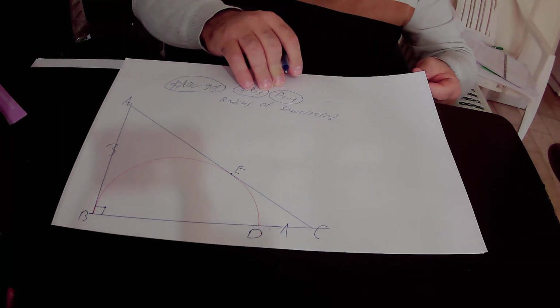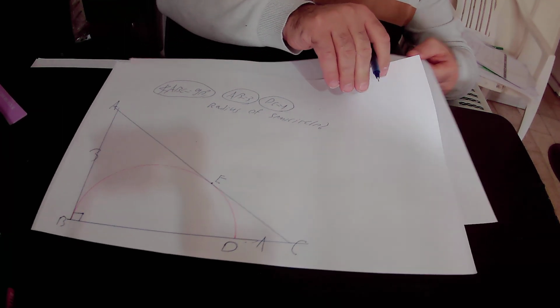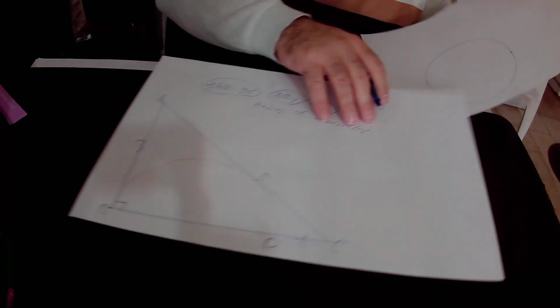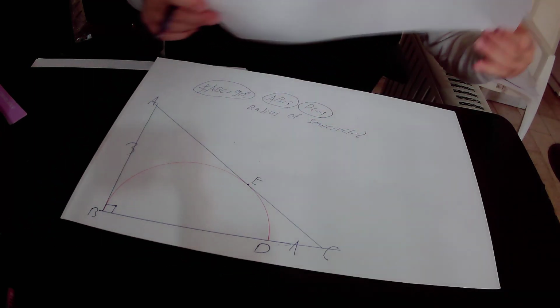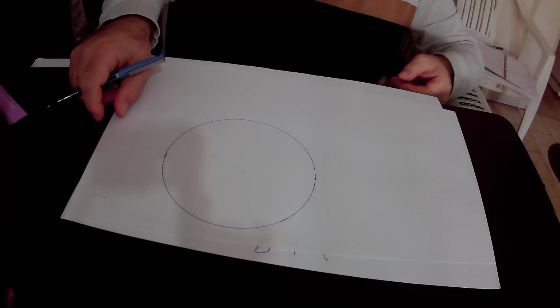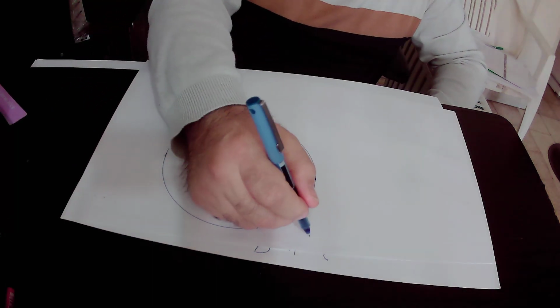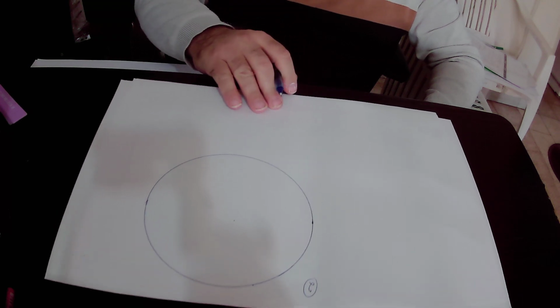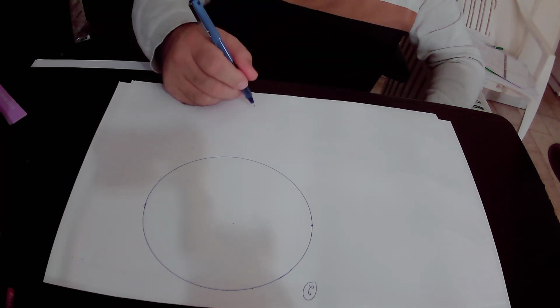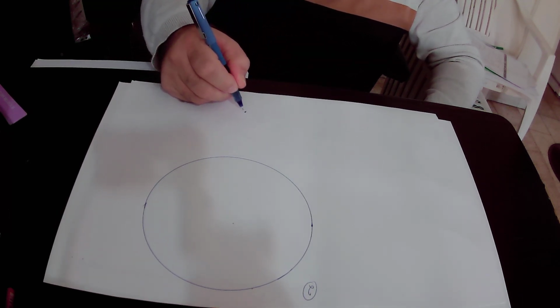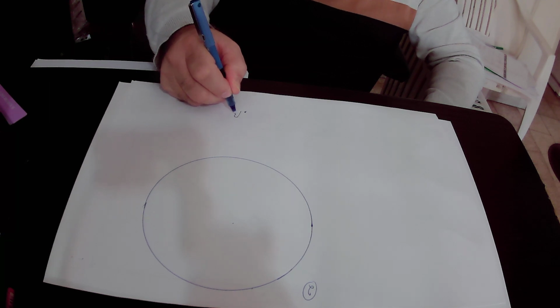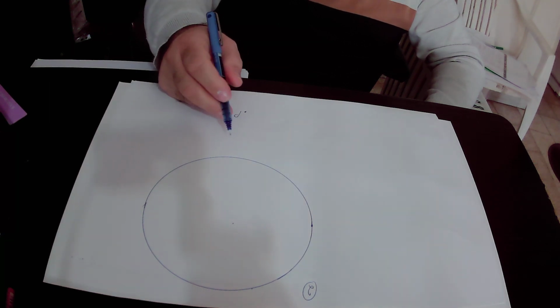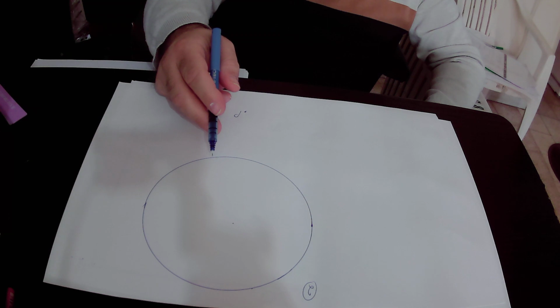The meaning is that if you have a circle, this blue circle, and you also have an external point, point P. This point P is an external point to this circle.